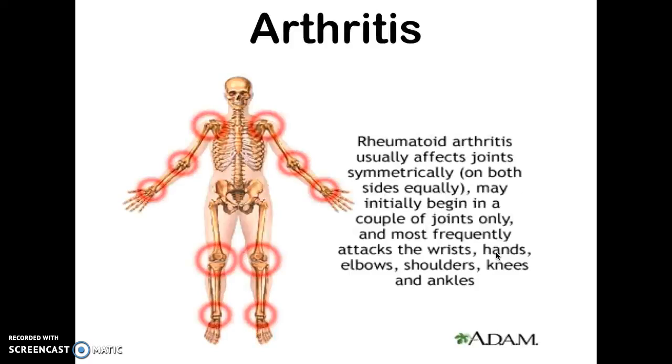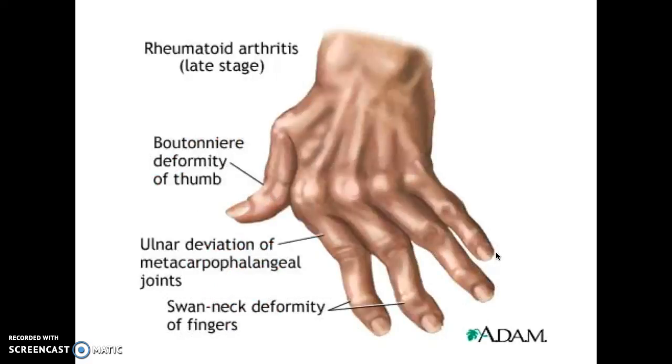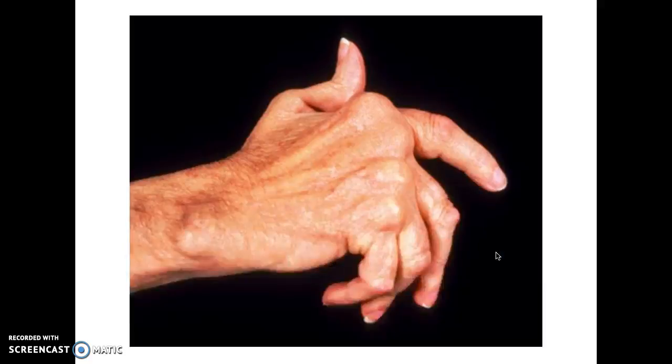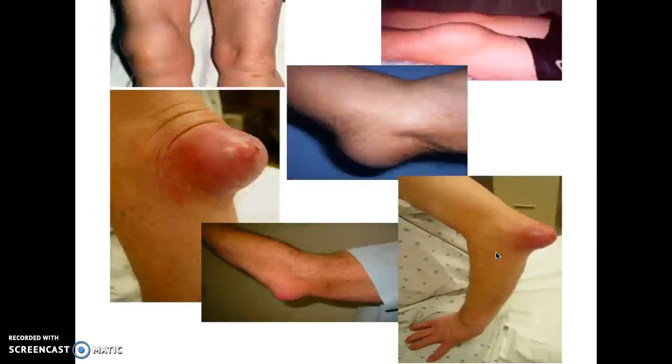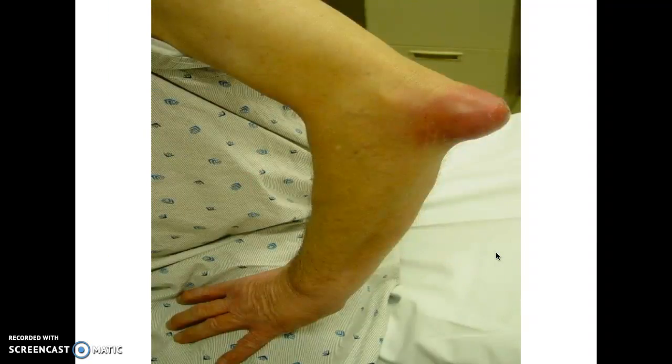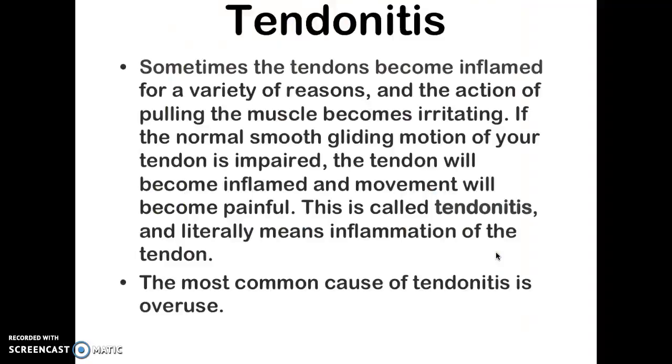Diseases and conditions of the skeletal system. There's arthritis, and then one type is rheumatoid arthritis. Bursitis. Tendinitis.